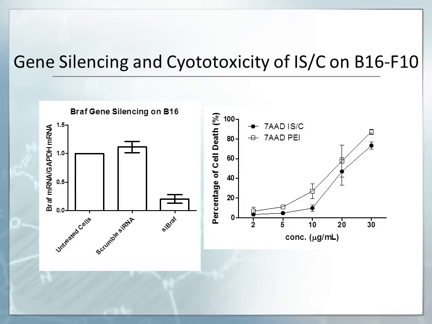I used the nanotube to downregulate the BRAF gene on B16 cells, which is mouse melanoma. I also compared the cytotoxicity of the nanotube and PEI. Basically, the ISC is a little bit lower than the PEI.